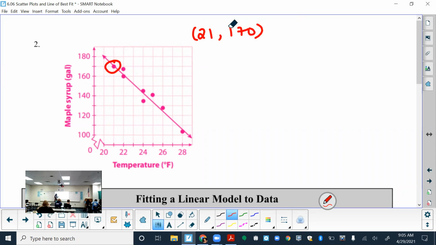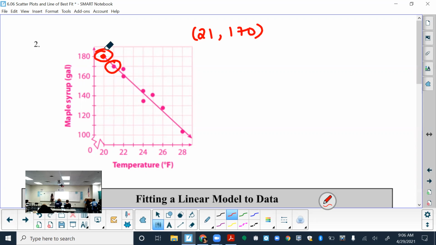What else? I would just pick one that goes through, say, like a crosshair, kind of. So like maybe that one. But you could have picked another one. Or we could even pick this one right here. All right, which one do you want to do? All right, so see, there wasn't a data point there, but it's an easy point to read that is on the line.